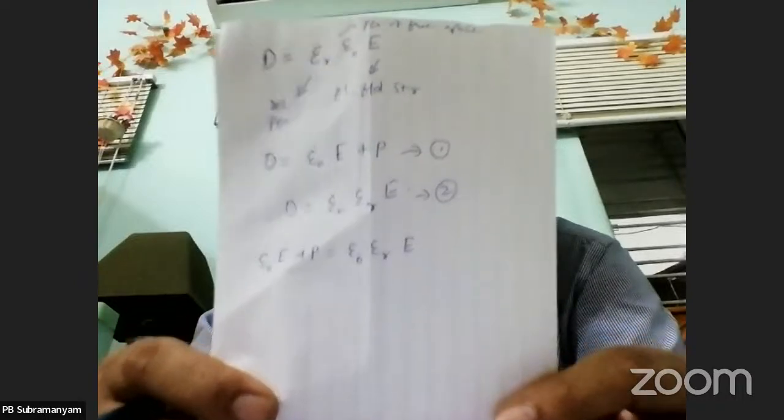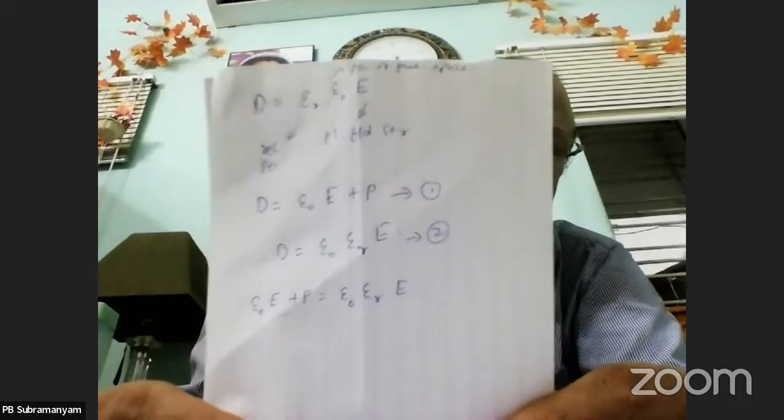It's quite simple. On both sides, epsilon naught E plus P is equal to epsilon r epsilon naught E.